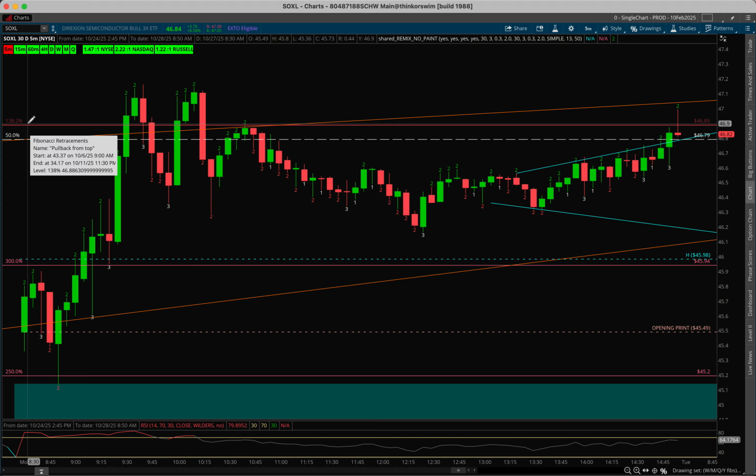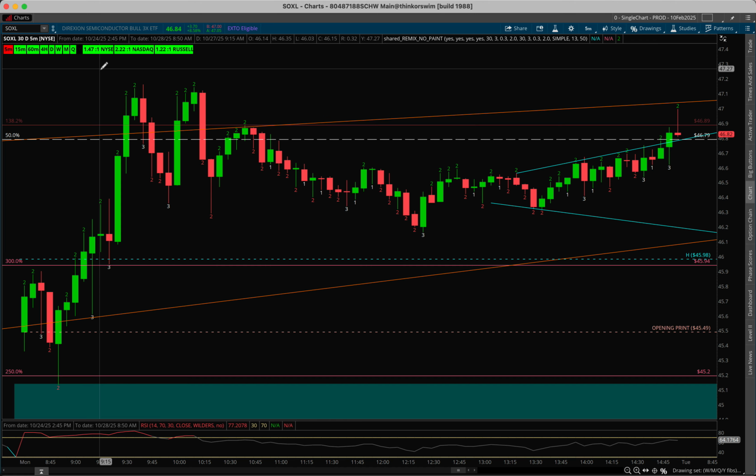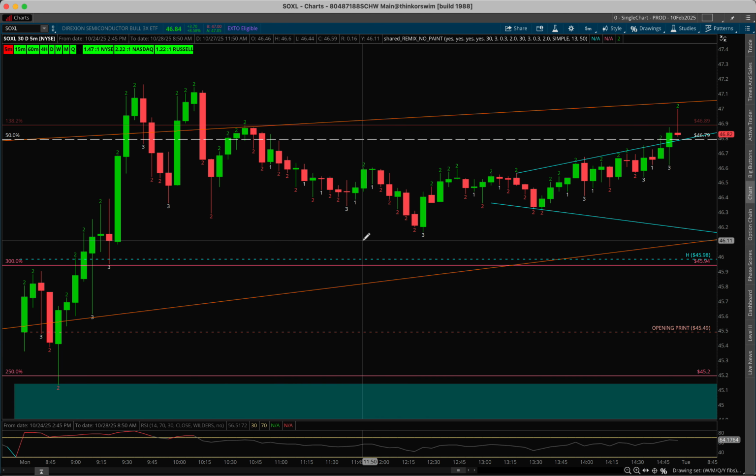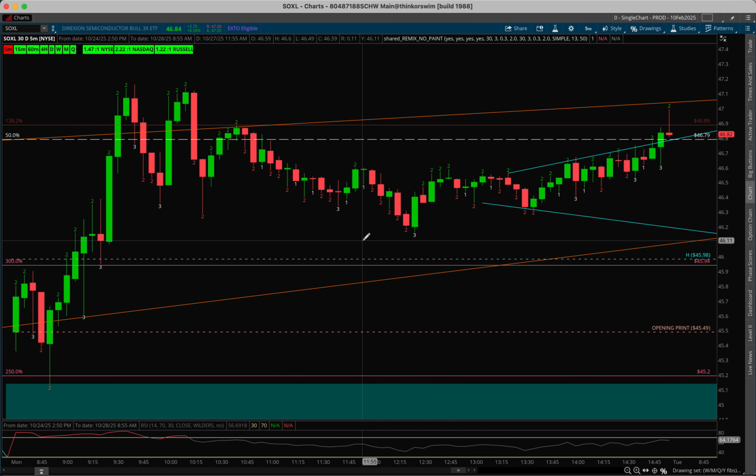And we've also got the 138 fib extension from basically the topping pattern that we looked like we had last week, right? There was a range there that we were looking at as possibly being another long-term range that we might be in for a couple of weeks, like we saw back in June, July, August. But we ended up gapping up over that.